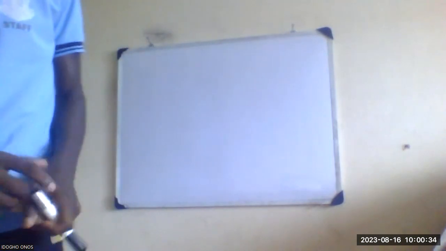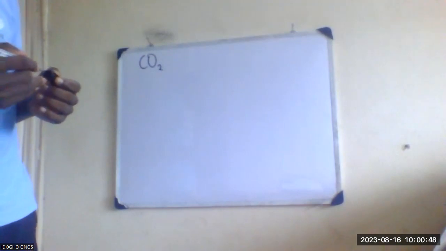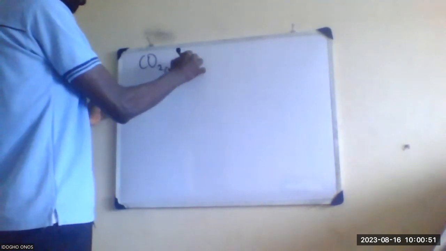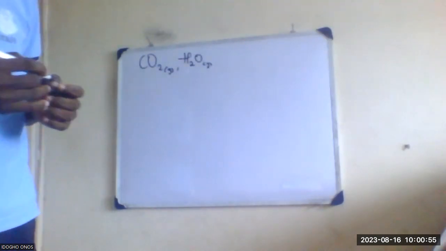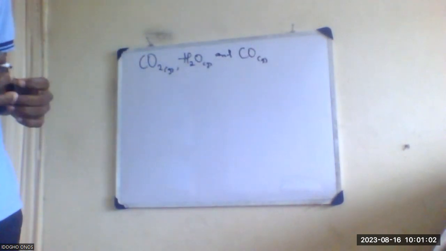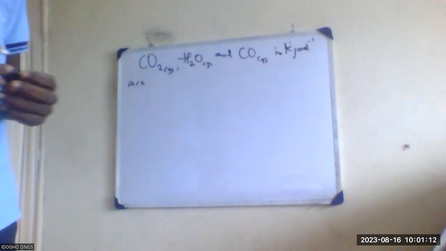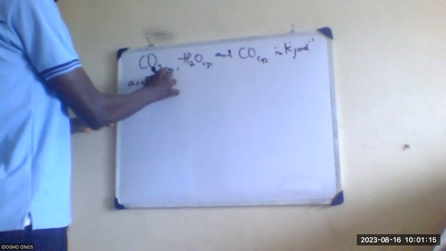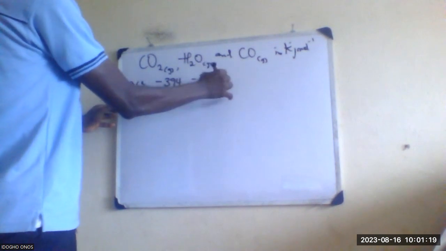Example one. The standard enthalpies of formation of CO2 (gas), H2O (gas), and CO (gas) as well, in kilojoules per mole, are minus 394, minus 292, right?